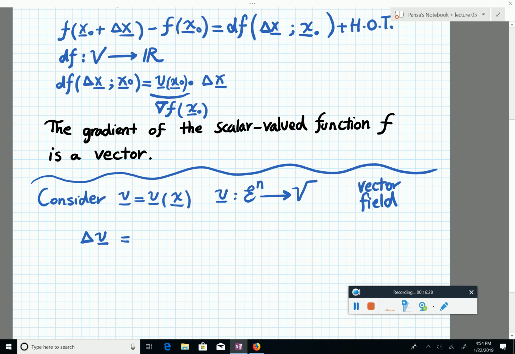I write it exactly like before. It's the change in the value of the function when you are looking at a point x naught plus delta x and point x naught.